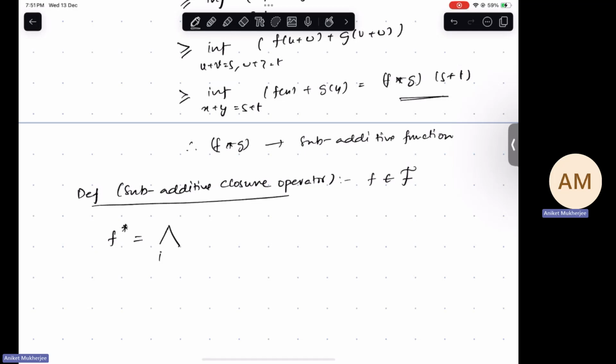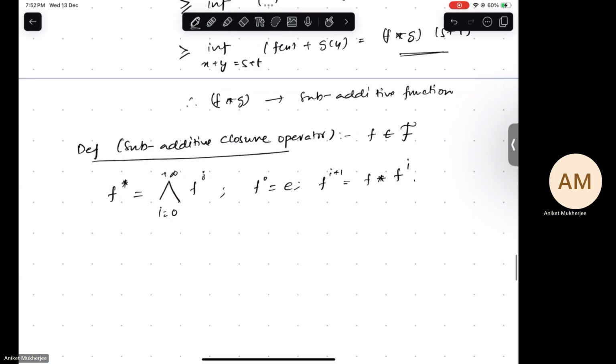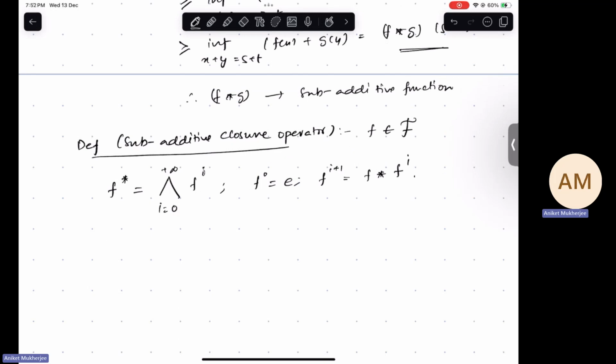So it's the minimum over i equal to 0 to plus infinity of f^i, where f^0 equal to e and f^(i+1) equal to f convolution f^i. Okay, so it's basically the Kleene star operator on the dioid F with pointwise min and convolution.